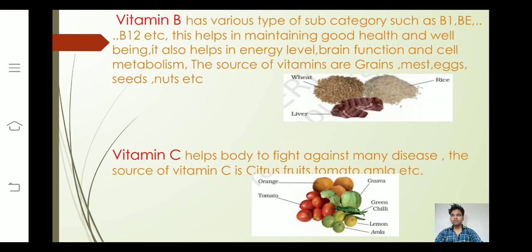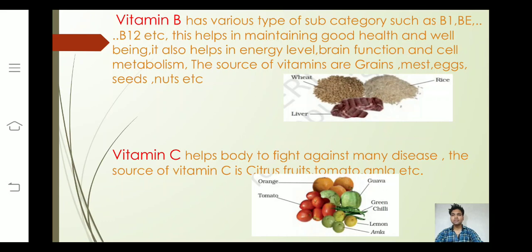What are the sources of vitamin B and what is its work? Friends, vitamin B has various subcategories such as B1, B2, B3, B6, B12. Friends, we call vitamin B as B complex.